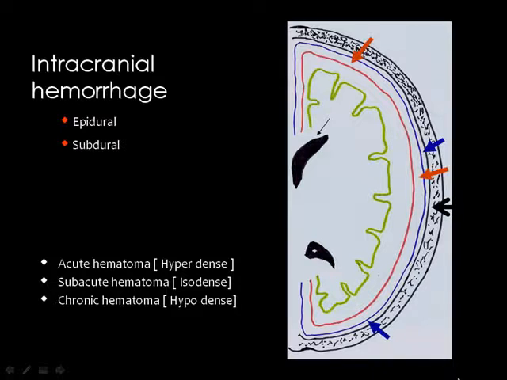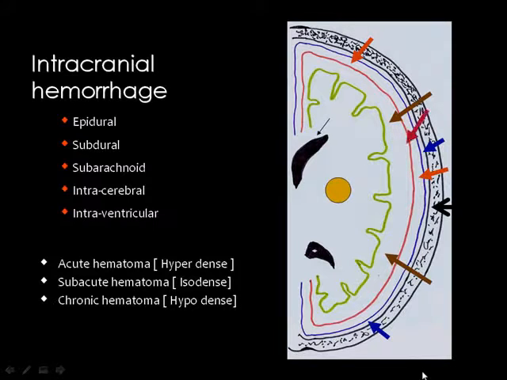Or it may occur underneath the dura, and this is known as subdural hemorrhage, or below the arachnoid, and this is known as subarachnoid hemorrhage. And this subarachnoid hemorrhage will go inside the cortical sulci. Then number four, it will occur inside the brain parenchyma, and this is known as intracerebral hematoma, or inside the ventricle, and this is known as intraventricular bleeding.